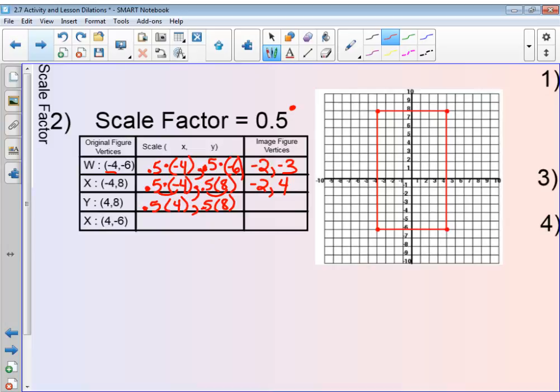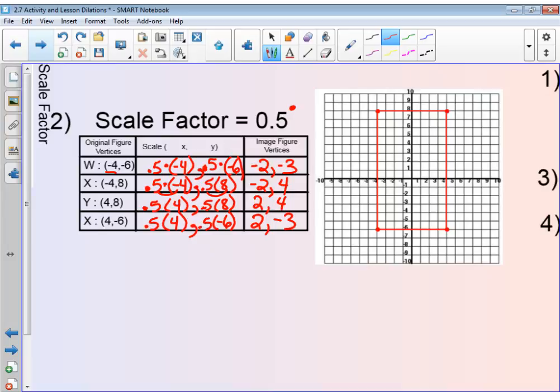So 0.5 times 4 is 2. 0.5 times 8 is 4. And my last set, 0.5 times 4 and 0.5 times negative 6. 0.5 times 4 gives me 2. And 0.5 times negative 6 gives me negative 3.